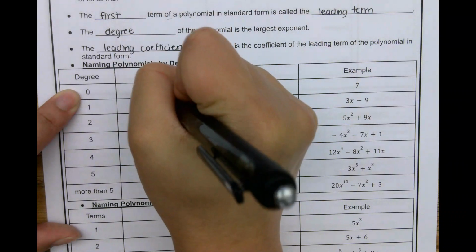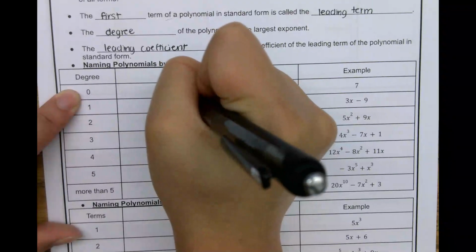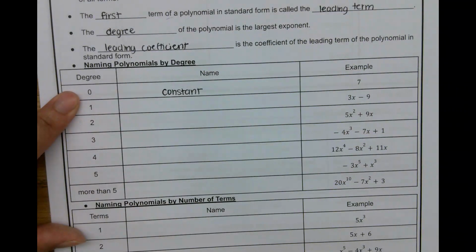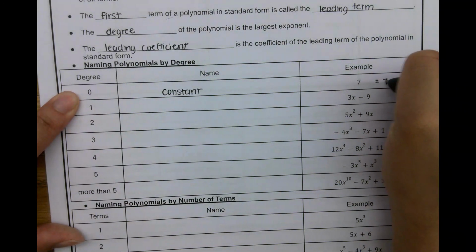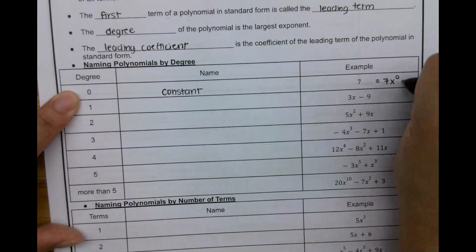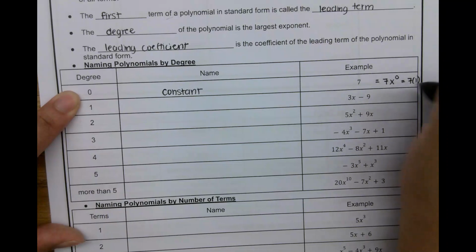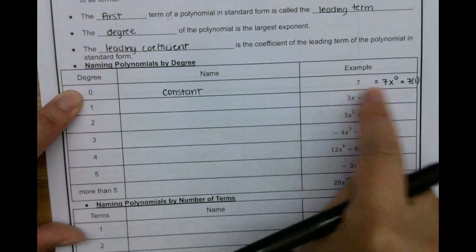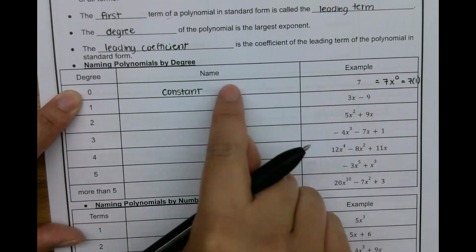This is known as a constant. And the reason why it's a degree of 0 is that it is 7 times x to the 0 power, which we know is just 7 times 1, which is just 7. That's why we would say that it's a degree of 0. It's known as a constant.